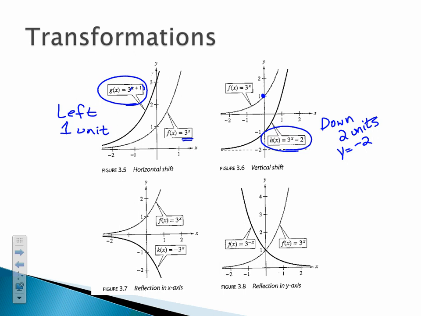Those are some important things that we want to pick up. Now, if we look at the bottom graphs, these are both just representing reflections. Now, you might look at this problem and say, I thought you said we couldn't have a negative base.